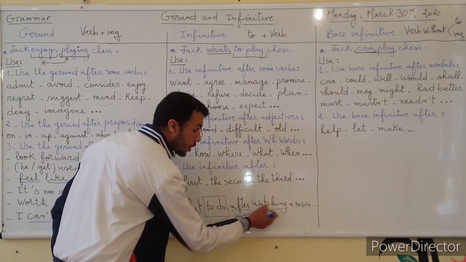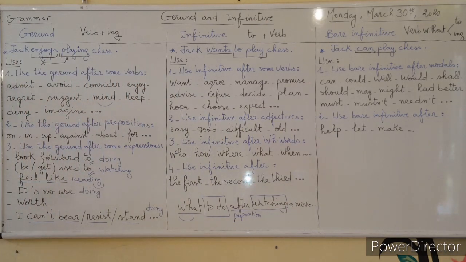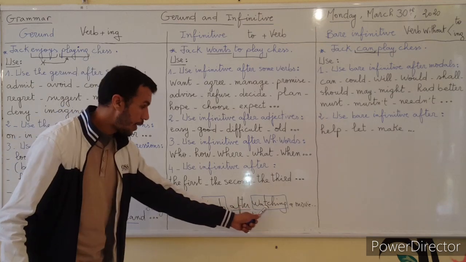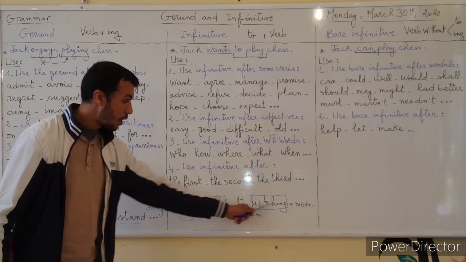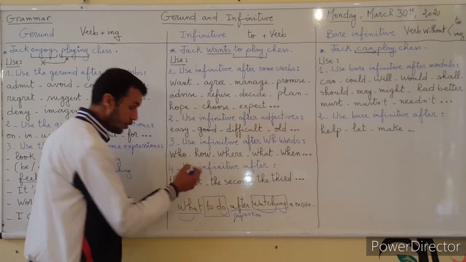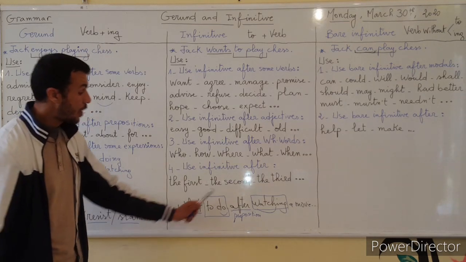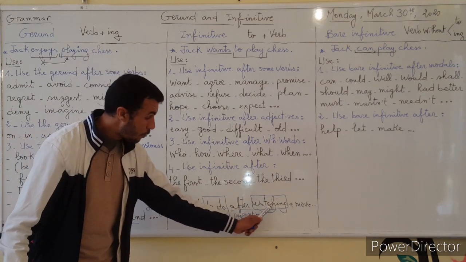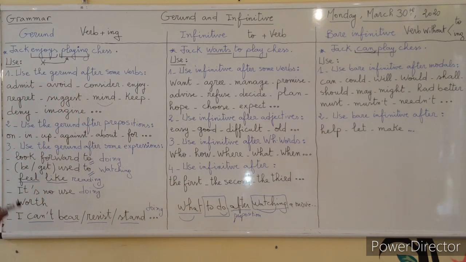And after prepositions we have gerund. So we have an example with two cases. The case of infinitive and the case of gerund. What to do after watching. Here we have the verb watch. Here we have the verb do. But since we have WH, we say to do. Since we have a preposition, we are going to write the verb here with ing.